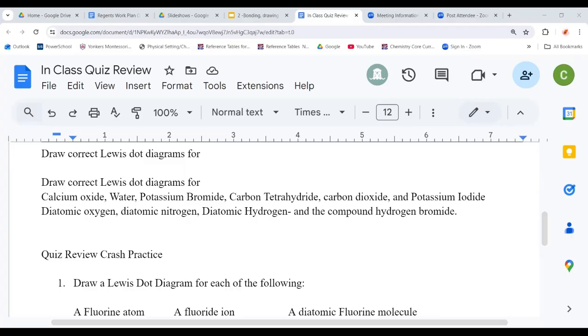Hey, I did see a whole bunch of people draw water straight across like this. People will take this as a Lewis structure.